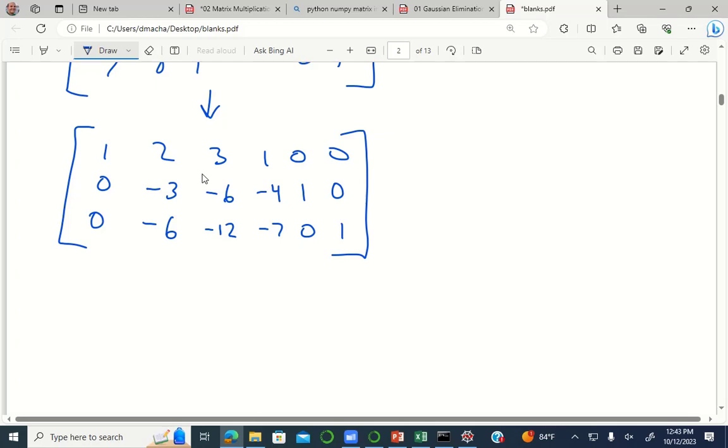Okay. Then I also want this negative 6 to be a 0. And so what I'll do is subtract 2 times the second row from the third row, so I can make this negative 6 into a 0.